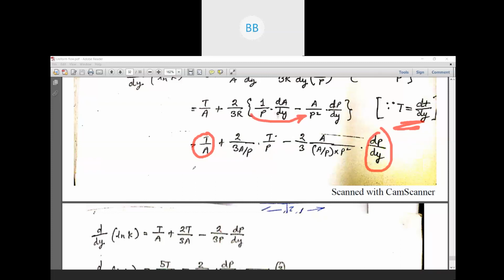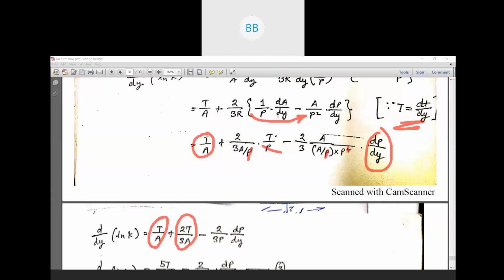T by A will be there, then twice T, this P and this P will cancel out. So 2T by 3A minus 2 by 3 is there. This area will cancel out.